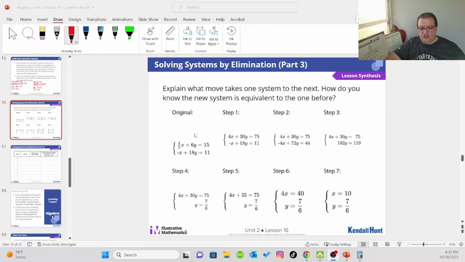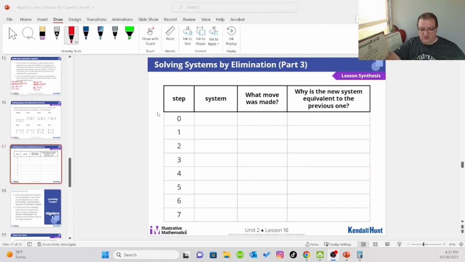Nothing has changed. We just wrote them down. So this is both. Nothing was done yet. And this does not apply. There are no previous ones.